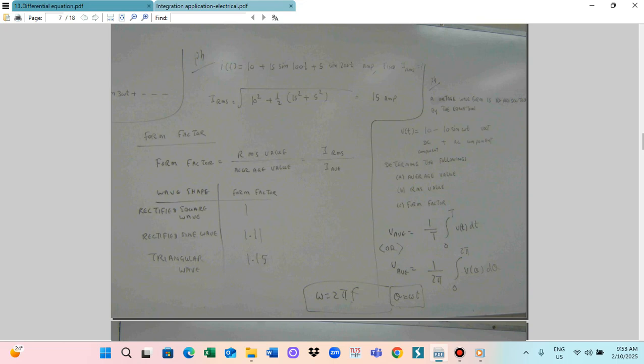You have to find the RMS value. Let's write the equation here. IRMS is equal to square root of DC square, 10 square, plus half into 15 square plus 5 square. By solving this, you get the current as the RMS value. So this is my solution.